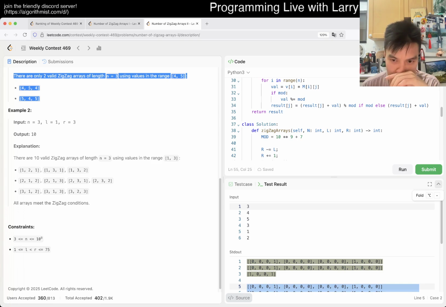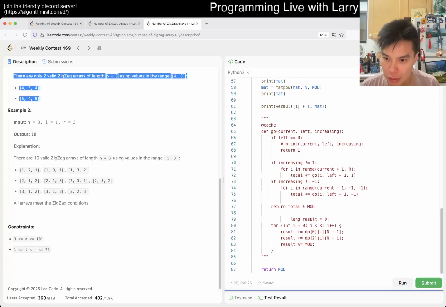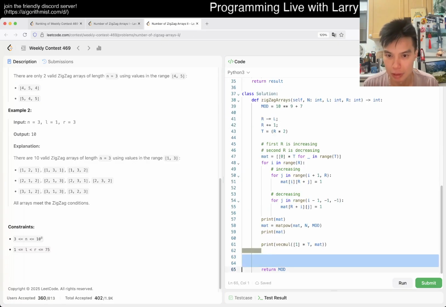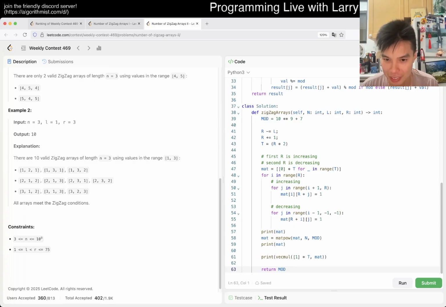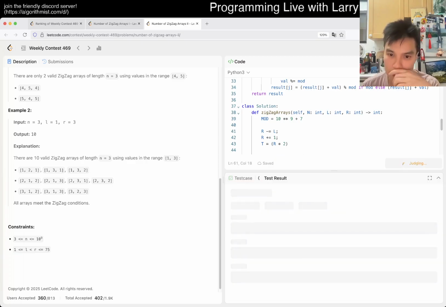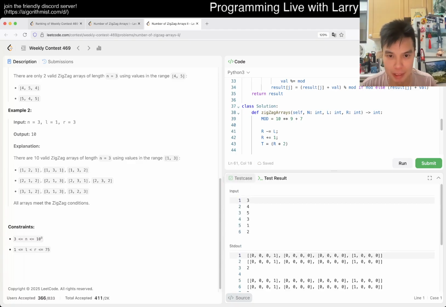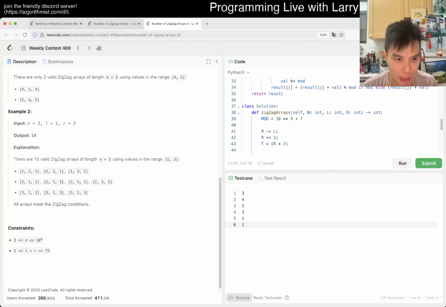I don't really need this anymore, maybe. I just need to figure out how to do it. Oh, and also I need mod here just in case. But I mean, this is fine, but how do I get the example?